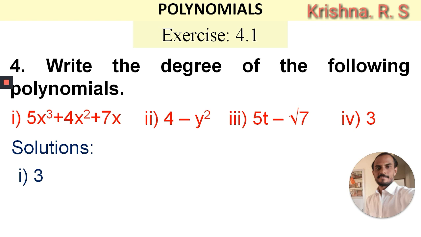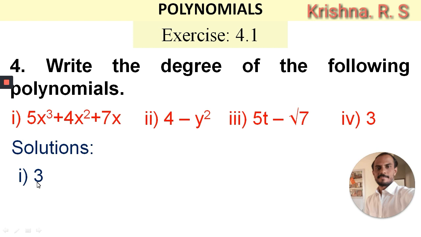The first term has exponent 3, the second term 4x squared has exponent 2, and the third term 7x has exponent 1. So there are 3 terms, each with a different exponent: 3, 2 and 1. Among them the highest is 3, and that is what we consider as the degree of this polynomial. So its degree is 3, which is why it is written here as 3.